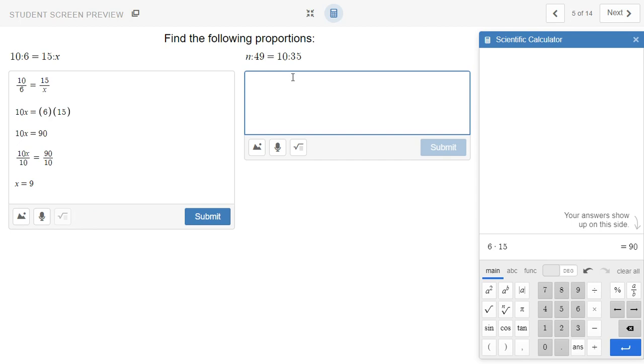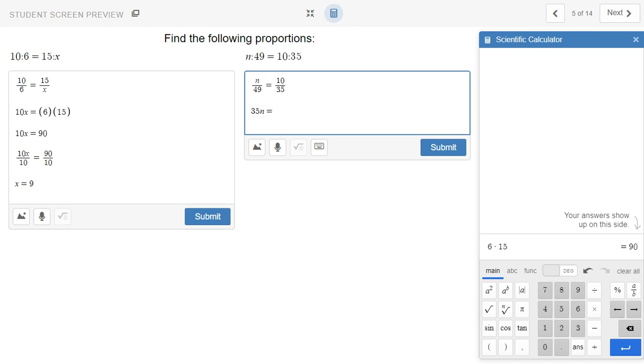Another example, we have to solve for the letter n. We're going to put the first one on top, second one on the bottom. N over 49 equals 10 over 35. Let's cross multiply. 35n is equal to 10 times 49.